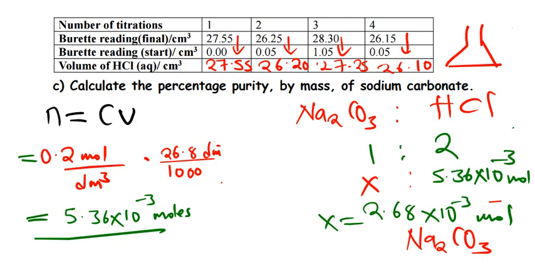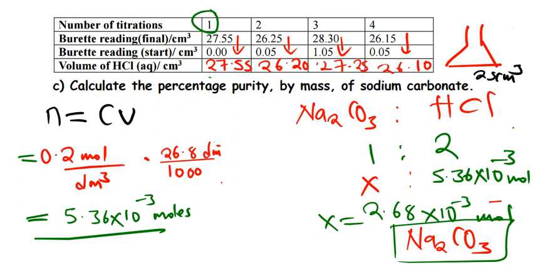Okay. Now these are the number of moles present in 25 cubic centimeters, because that's the amount that was being used in each portion to titrate against this acid. So this is just a representation of the 250.